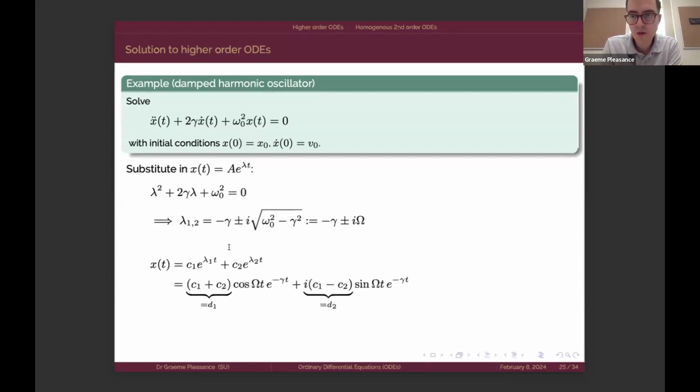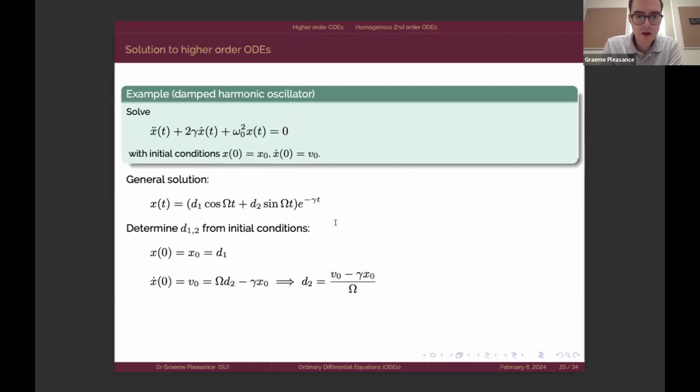It's just the sum of two exponentials, which depend on these unknown coefficients and the roots of the auxiliary equation. Just for convenience, we can introduce new constants that I call D1 and D2, which combine these C constants. Again, this is just a matter of convenience. And so the general solution is written in this way.